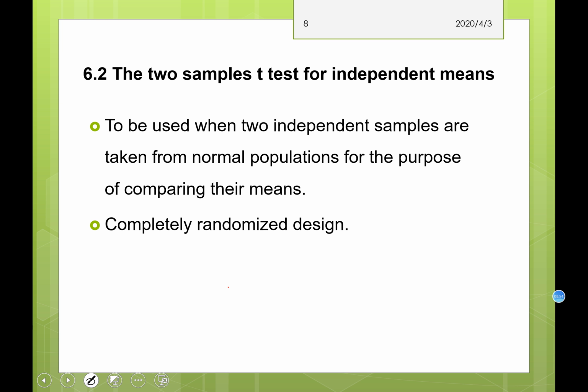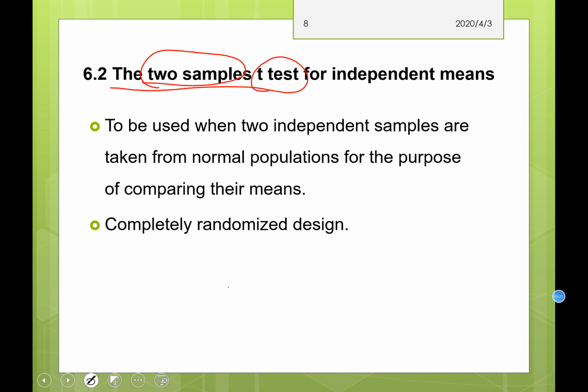Okay, the second part in today's class in chapter 6 is the two samples t-test for independent means. In the title, we can find that this is also a t-test, but this t-test is used for two samples. It's the same as in the paired t-test: both of these methods are used for two samples.